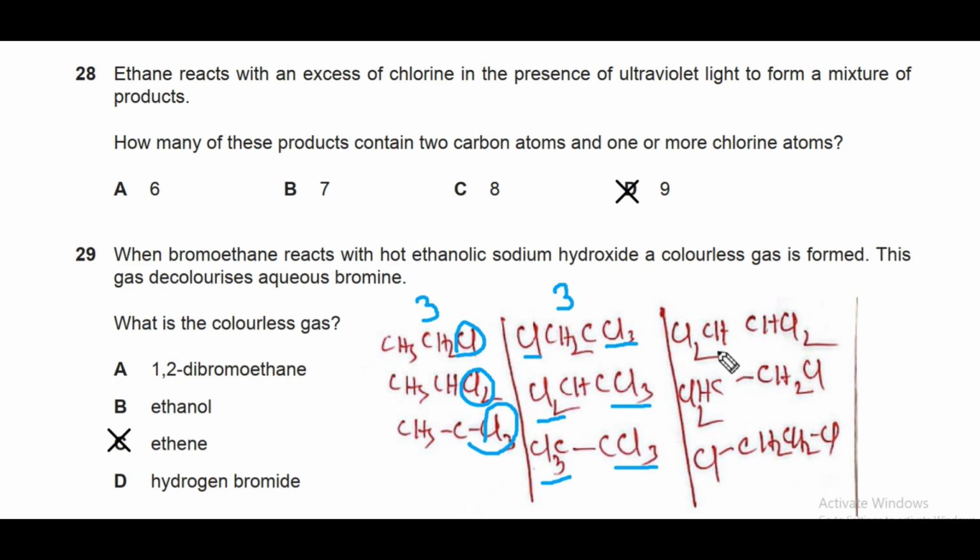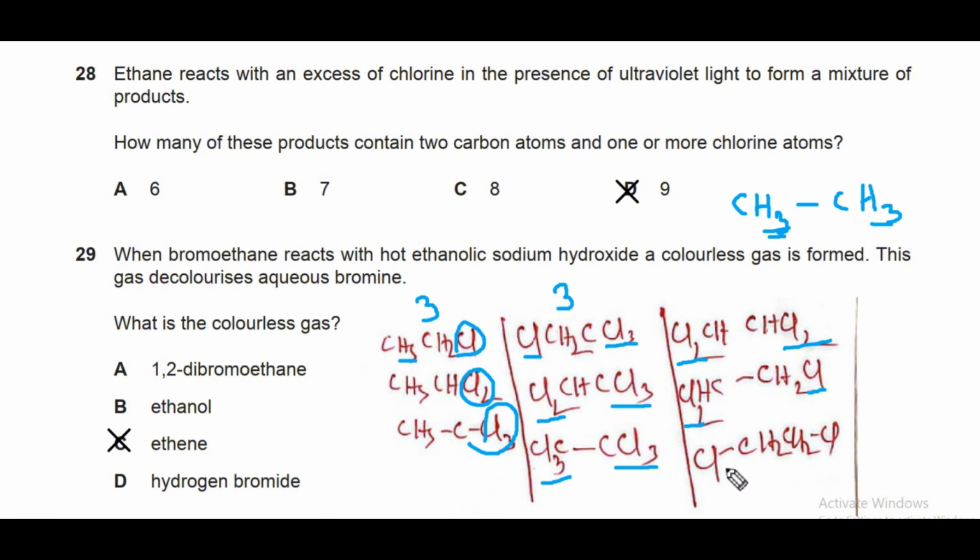Then, left hand side ethane, CH3, CH3. Left hand carbon 2 hydrogens replaced by chlorine, right hand carbon 2 hydrogens replaced by 2 chlorine atoms, one compound. And the second one, 2 hydrogens replaced by 2 chlorine atoms, and on the right one, 1 hydrogen replaced by 1 chlorine atom.